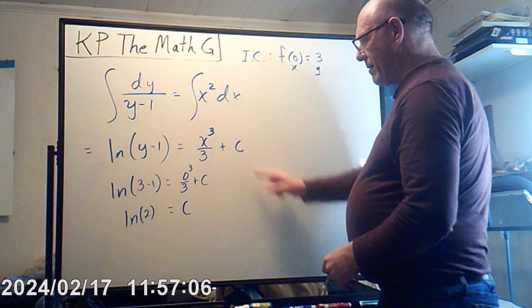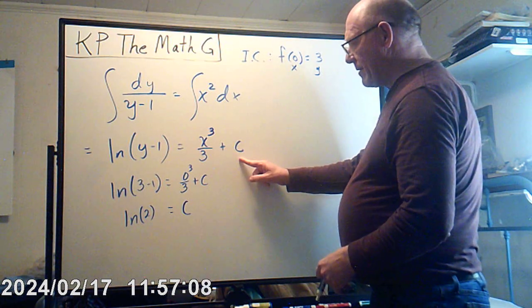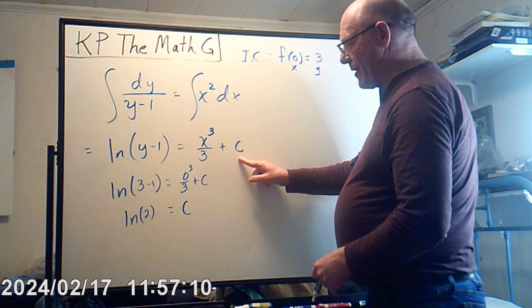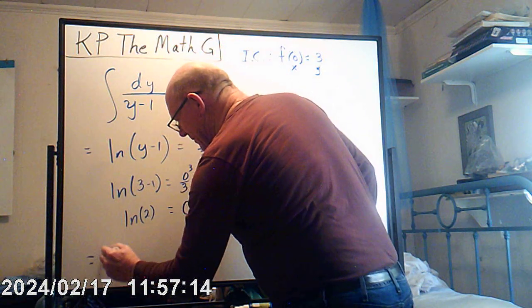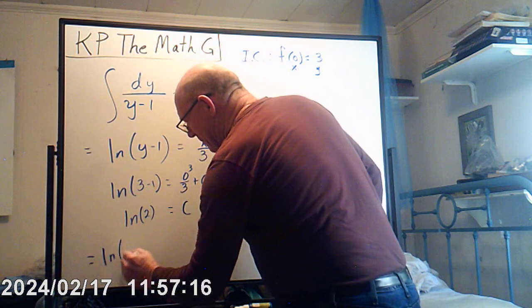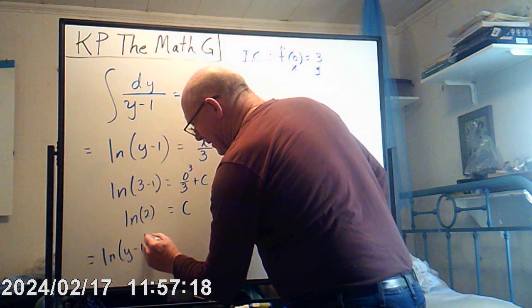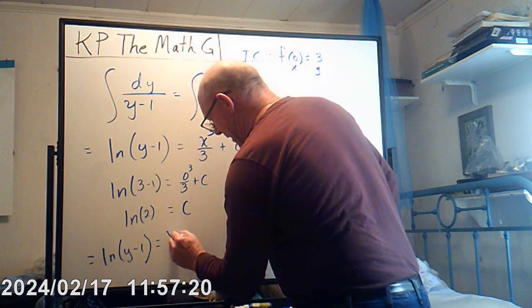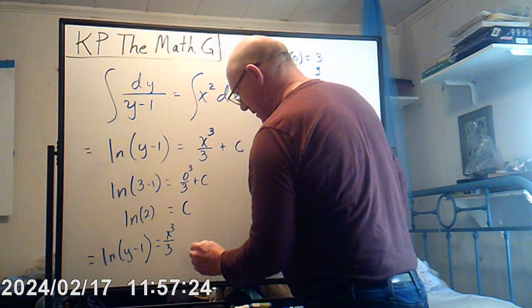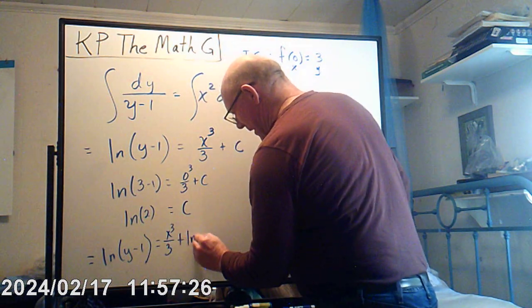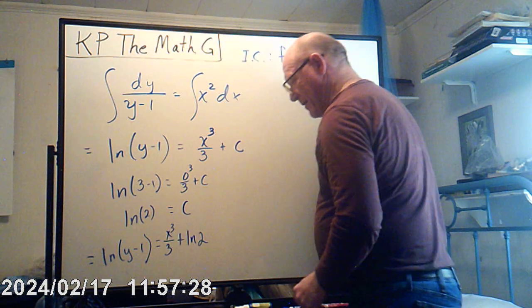Alright, now I know what c is. It's ln of 2. So now I have ln of y minus 1 is equal to x cubed over 3 plus ln of 2.